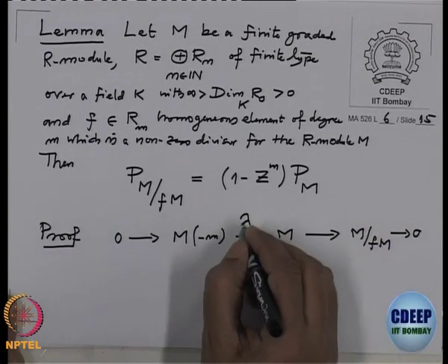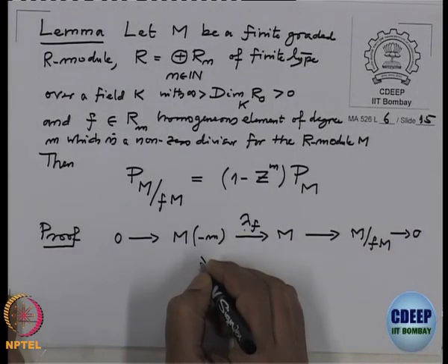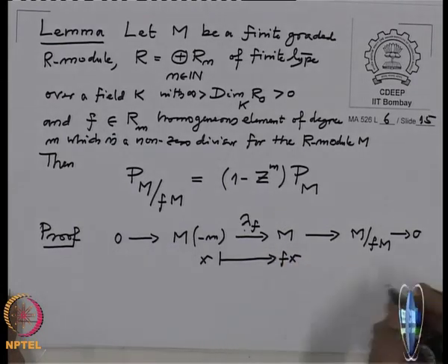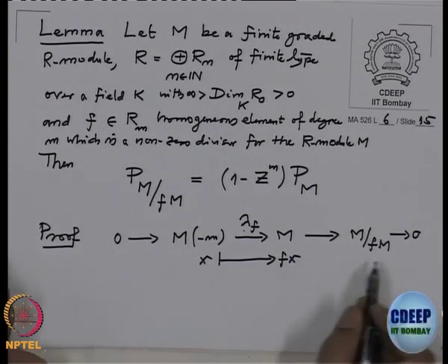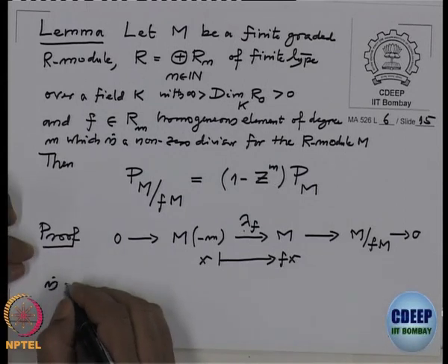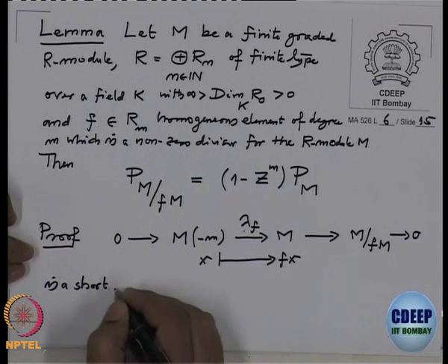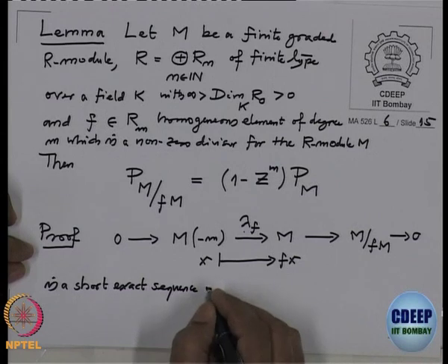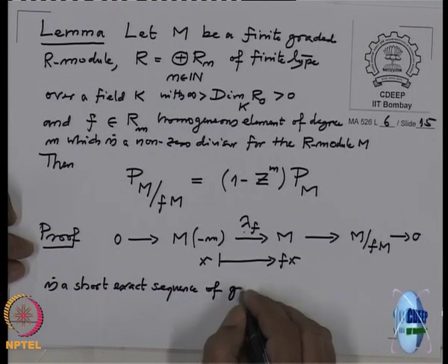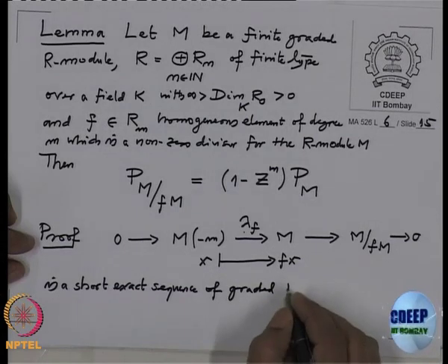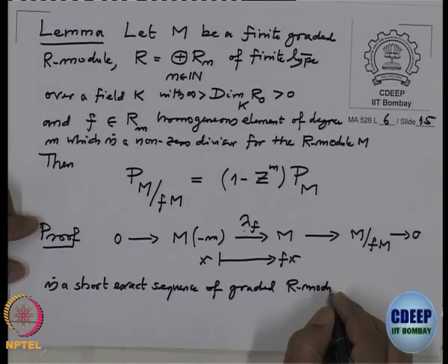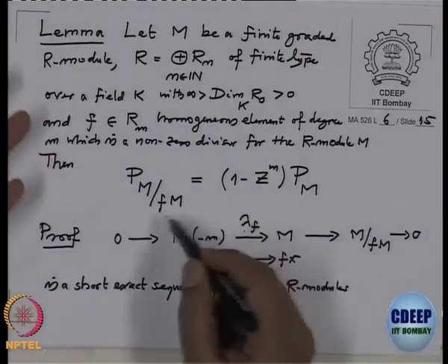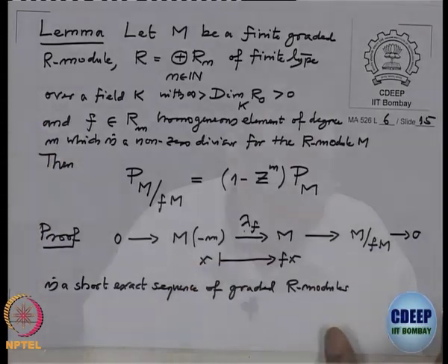This map is multiplication by f. Any element x goes to f times x, and this is a natural map. So, this is a short exact sequence of graded R modules, and therefore you write down the Poincare series, and whatever we did, the same calculation shows it is this.